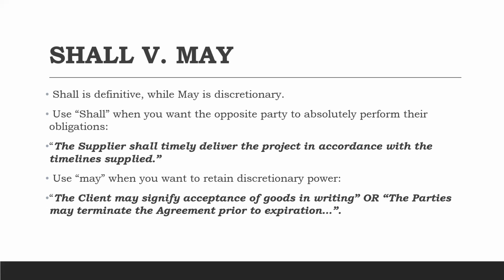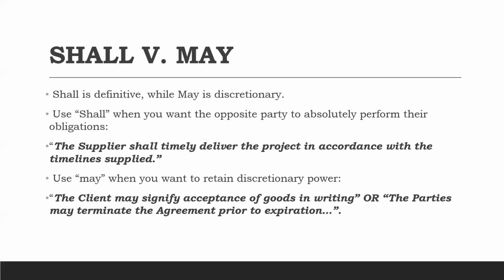Now, for example, you get a contract from the supplier and it says the supplier may deliver the project in accordance with the timeline supplied. Now, again, on a cursory reading, you may not understand whether the supplier may timely deliver is going to affect the enforceability of your obligation later on. So you should correct that to shall.